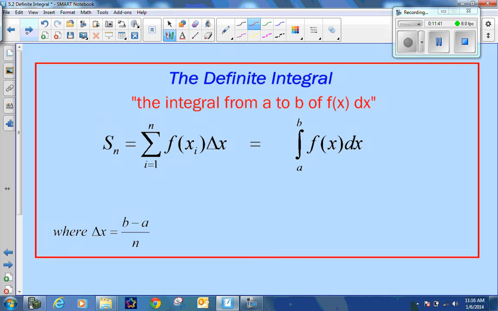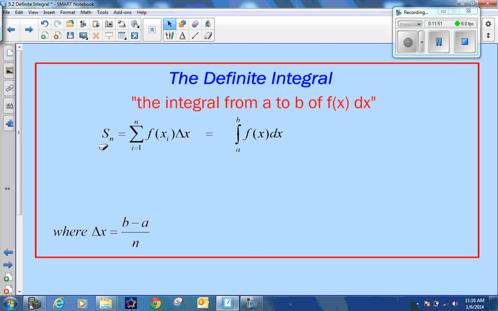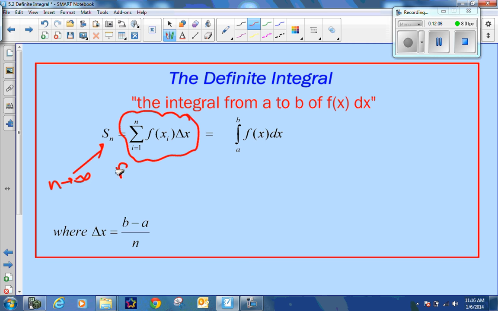Okay, so moving right along. We're going to say, well, wait a minute. As n approaches infinity, we are going to call S of n, and this is the Riemann sum, as we get closer and our n's get bigger and bigger, we're going to say this is the same as this.